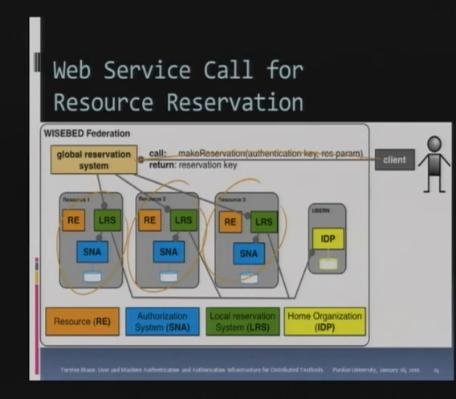In that case, you provide your authentication key here, and the global reservation system just forwards it to the other service providers. And that's basically an example where you have one compound service which is broken down into various sub-services, let's say.